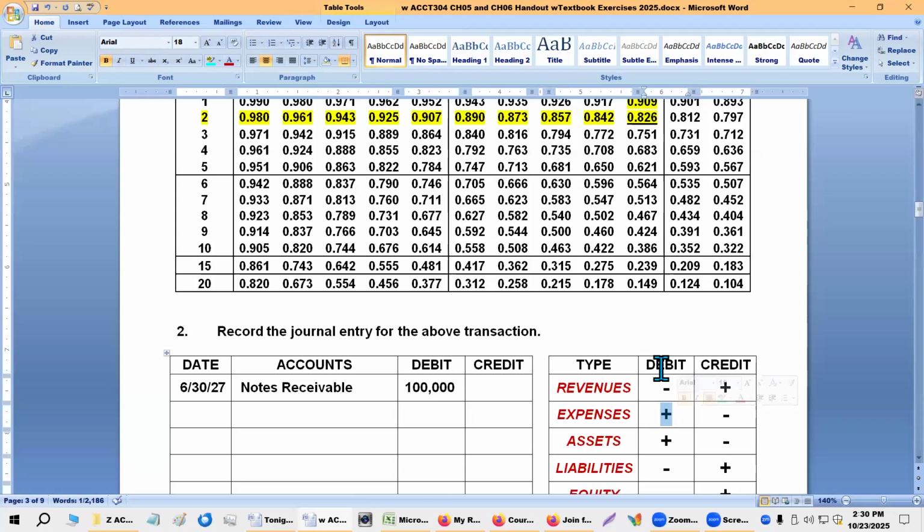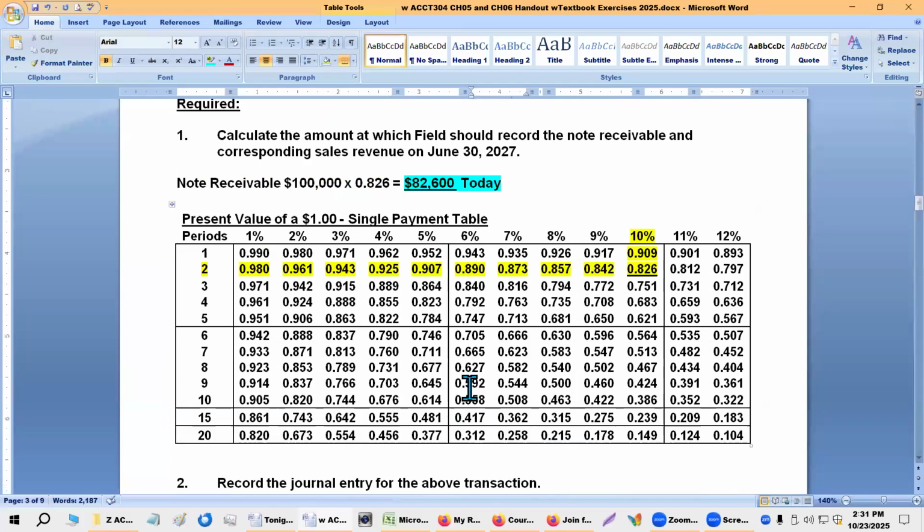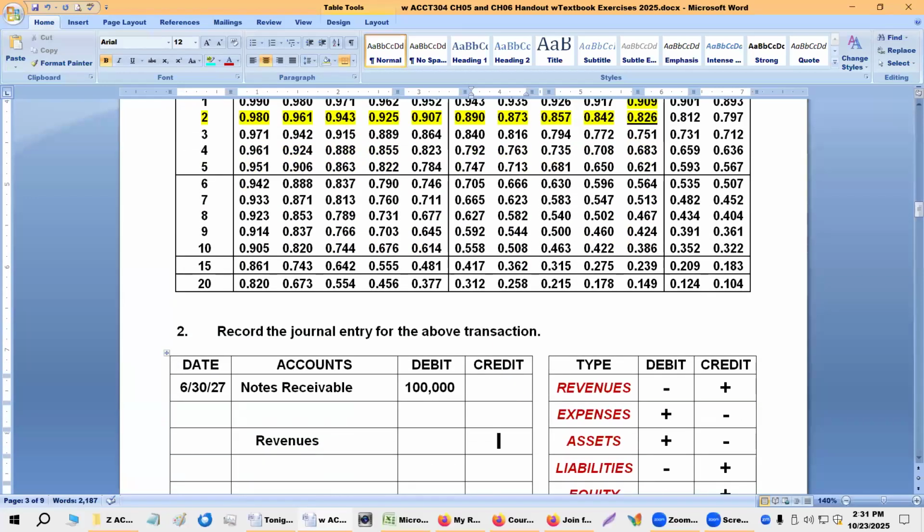And same thing with expenses, 99% of the time they're going to be debits. These are always going up. As the year goes on, you get more revenues and you get more expenses. Okay, so revenues will be 82,600.